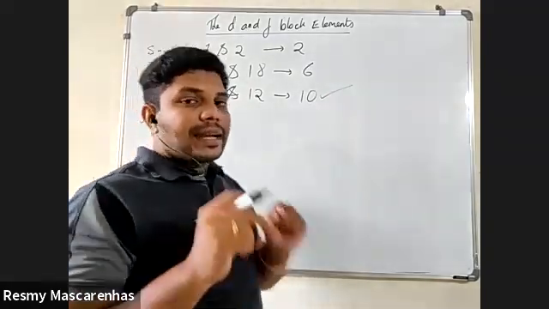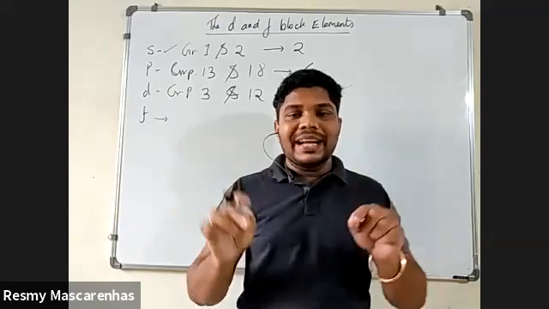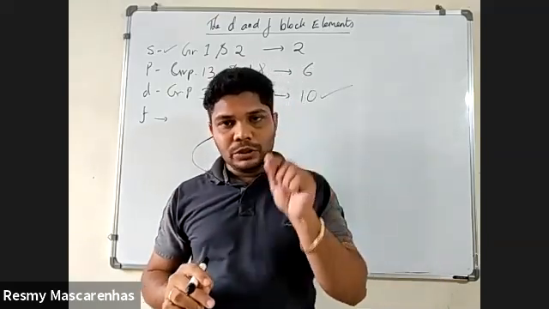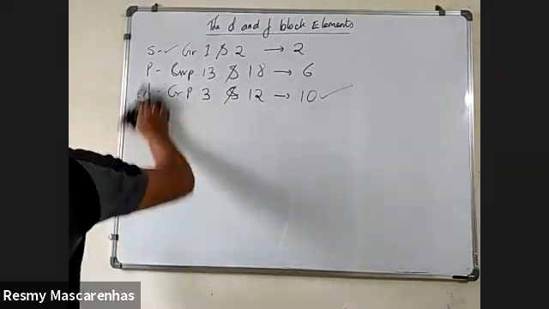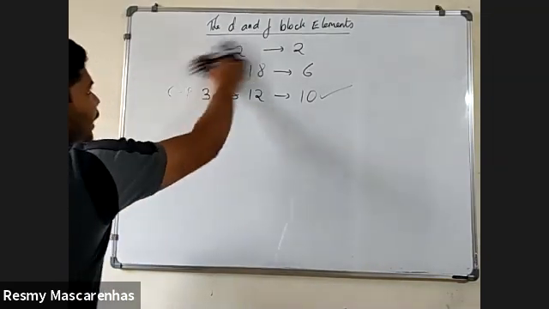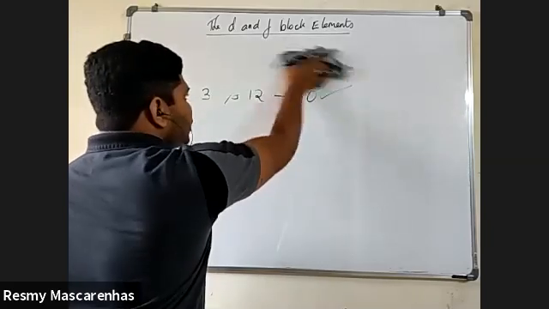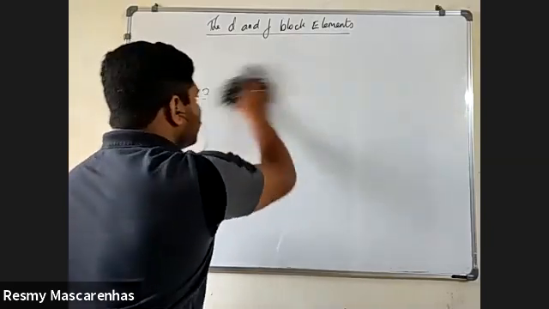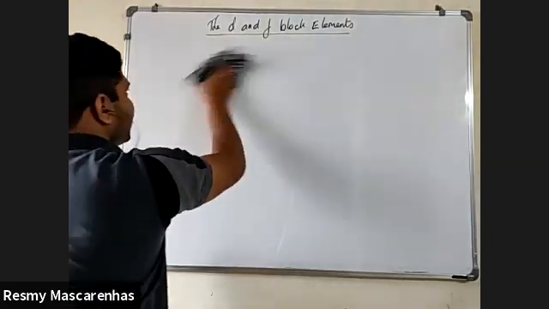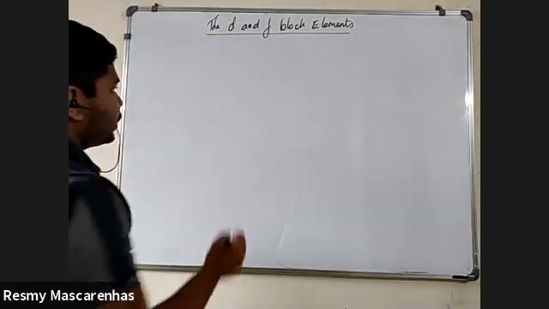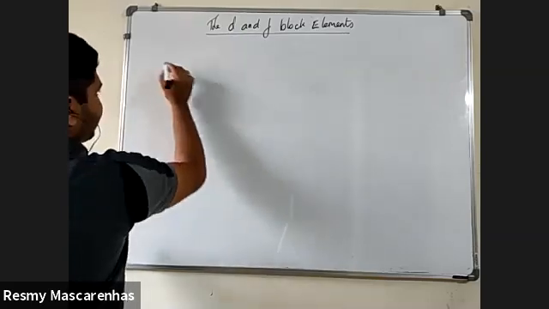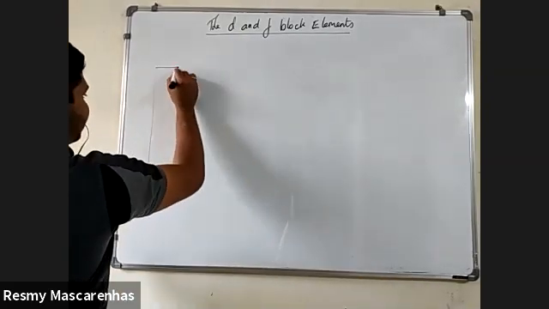So where exactly the d orbitals lie in the periodic table, first you should know that. Now we'll go more into the d orbital. If you have the periodic table, open your periodic table. Now if you look at the periodic table, how is it?